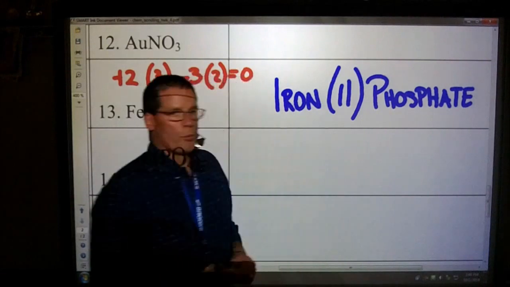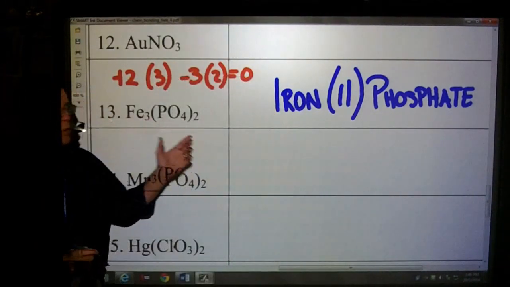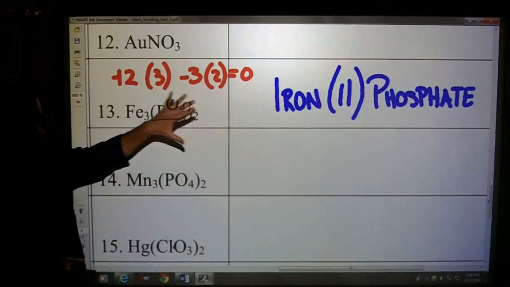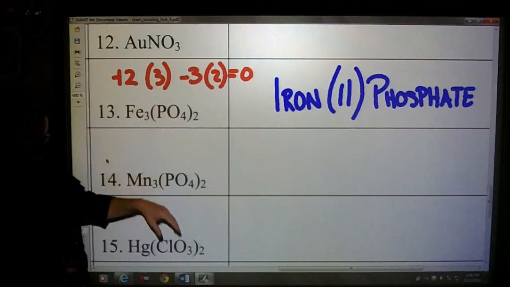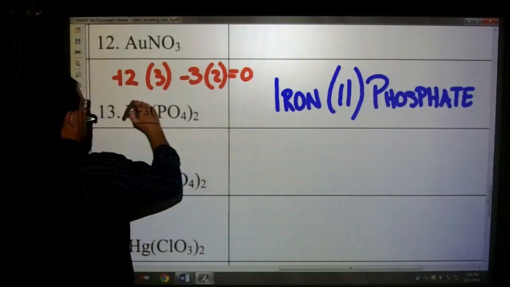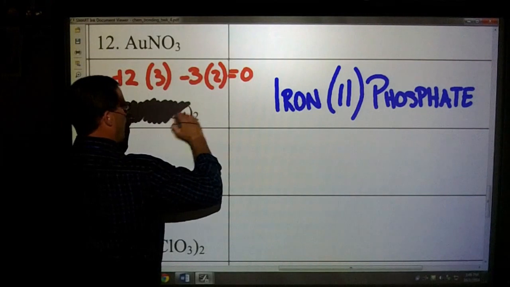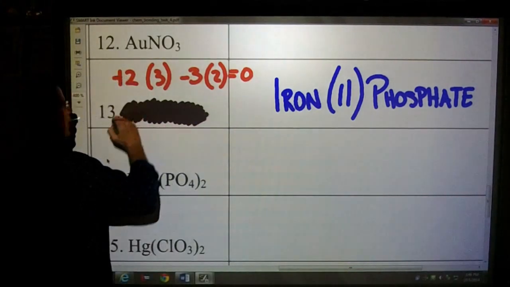Okay? That's really important because if you go from the name to writing out this formula, let's just cover that up for a second, okay? So you don't see that.